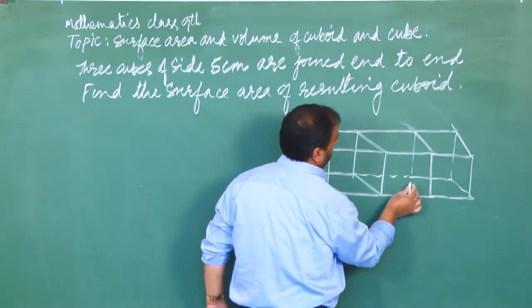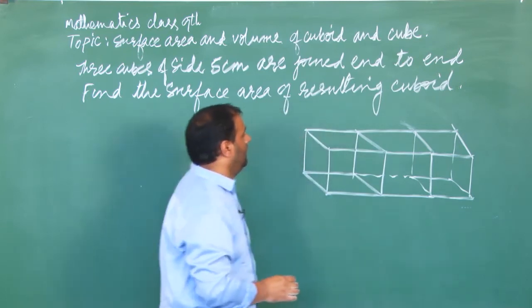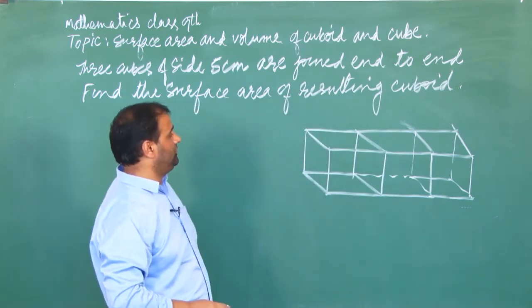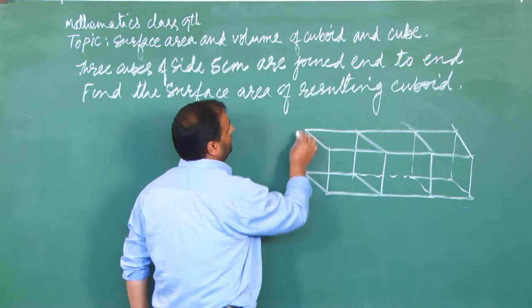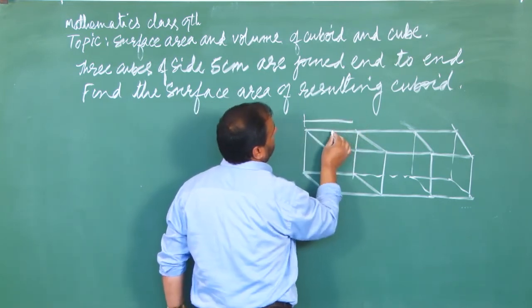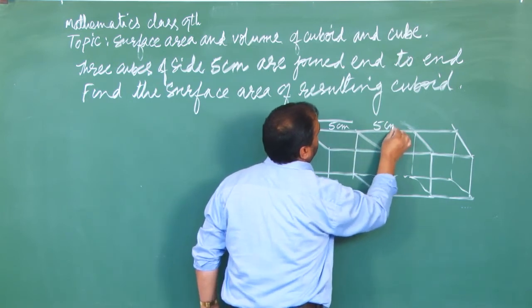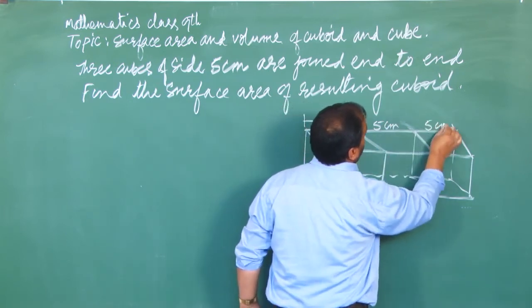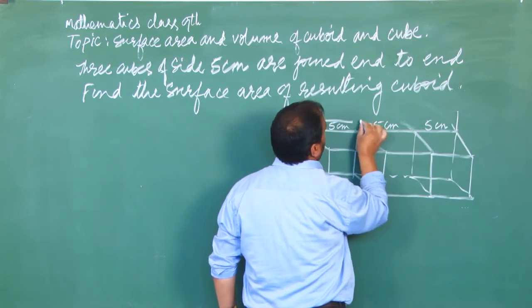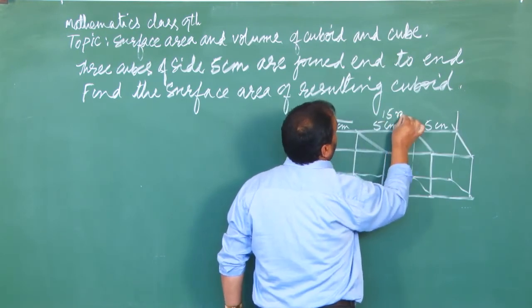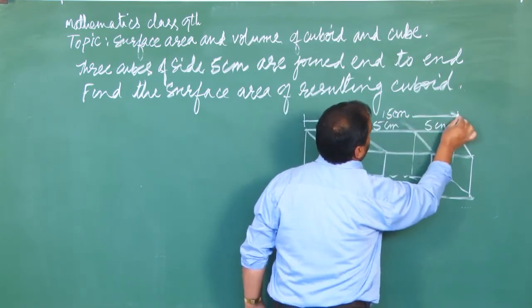So, if you add these 3 cubes, you will get a cuboid. Only its length, 5 centimeter cube, 5 centimeter cube, and 5 centimeter cube, forms a cuboid, and the length of that cuboid will be 15 centimeter.